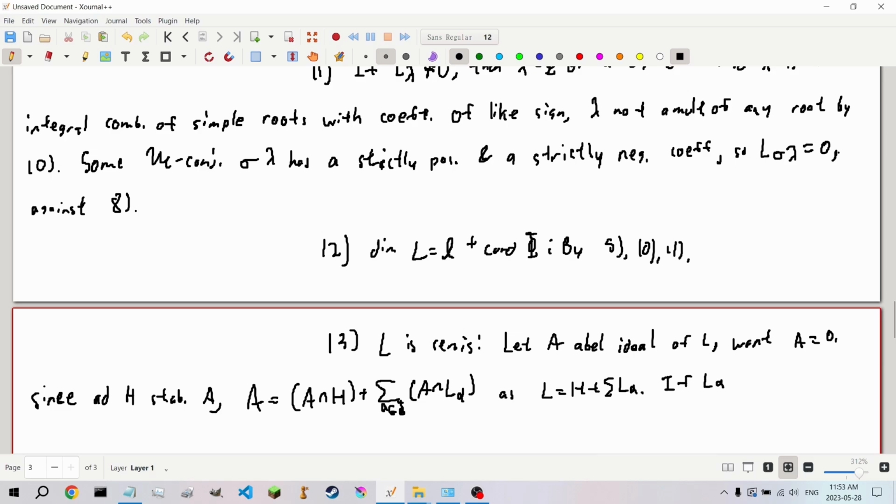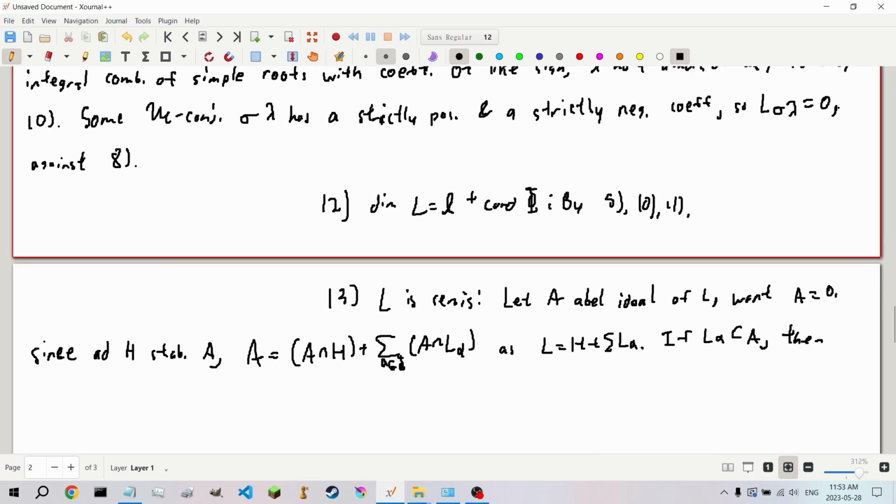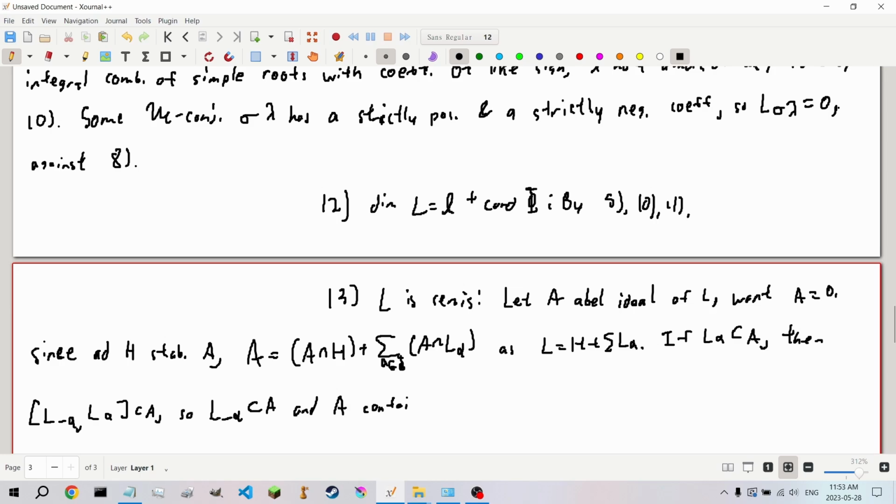If an L alpha is in A, then the bracket of it with its negative space is in A. So L negative alpha needs to be in A, and A contains a copy of the simple algebra SL2 of F, which obviously can't happen.